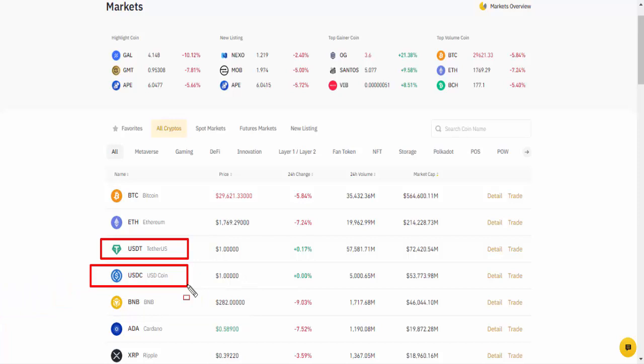These two are the most stable coins that are commonly used to deposit funds, which almost remain stable, and there are only small changes, like in cents, like 0.1 or 0.01.